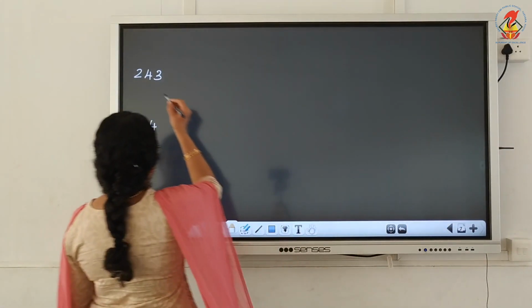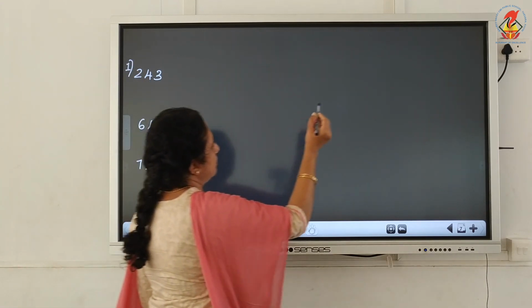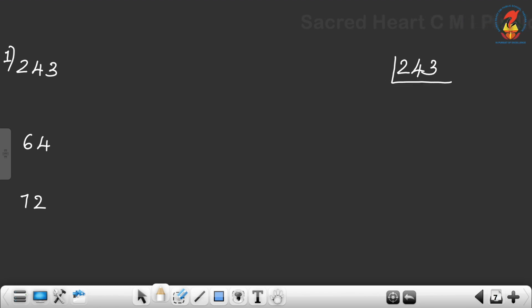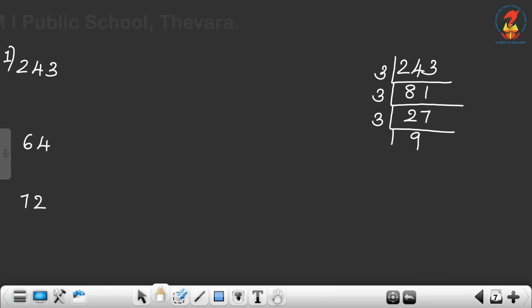Now take the first number, 243. We can do the prime factorization. We can start with 3. 3 eights are 24, 1. Then again with 3, 27. Again with 3, 9. Then 3, 3 threes are 9. Again with 3, 1. Then 243 is equal to 3 repeated 1, 2, 3, 4, 5 times.